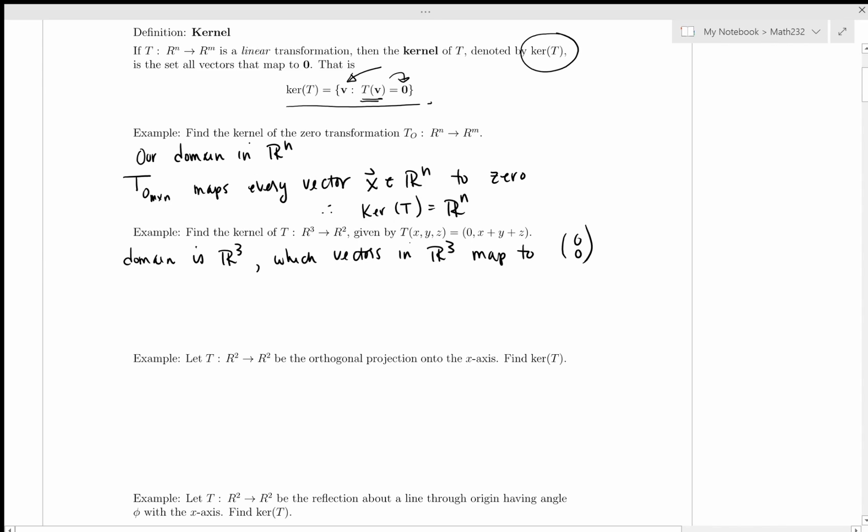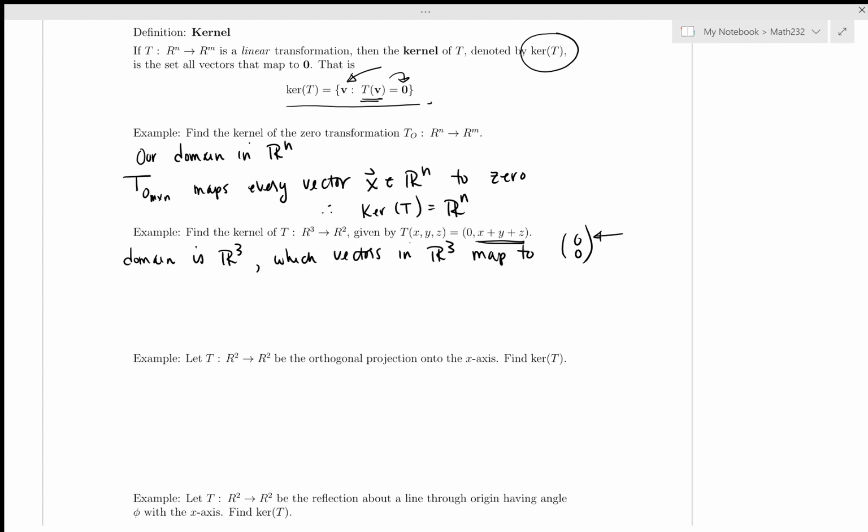That is because our codomain is R2, and that 0, 0 is the 0 vector in R2. The mapping produces 0 in the first coordinate all the time. And then the other condition means that x has got to be equal to minus y plus z.